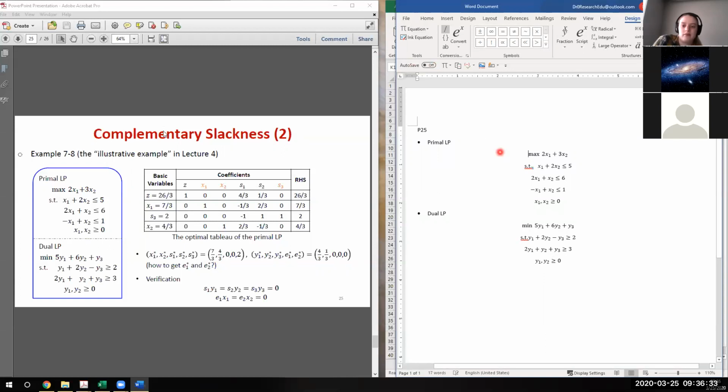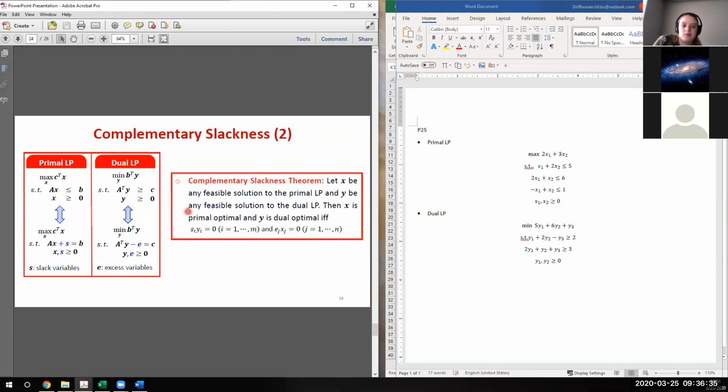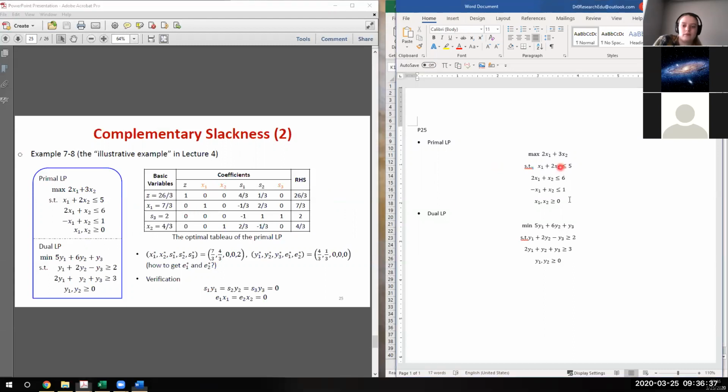So in order to put this one in this form, I'm going to do it this way. I'm going to change all the constraint signs to equal. To this end, I'm going to add S1, so this becomes equal.